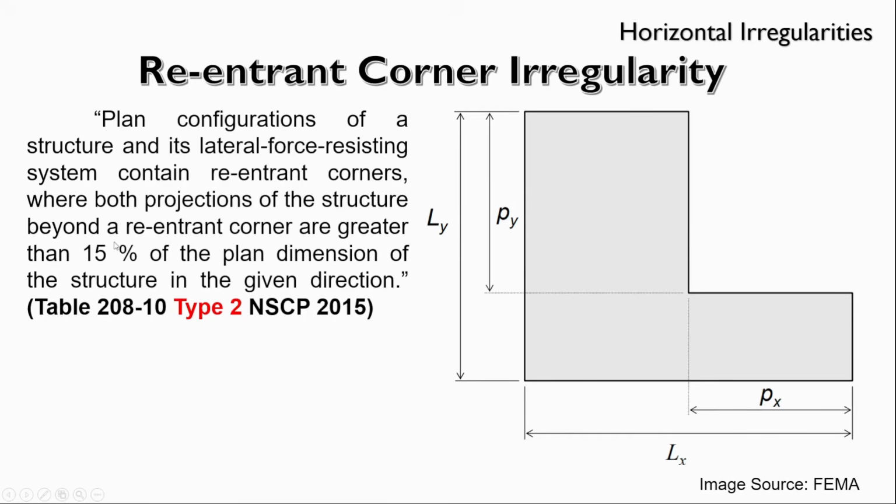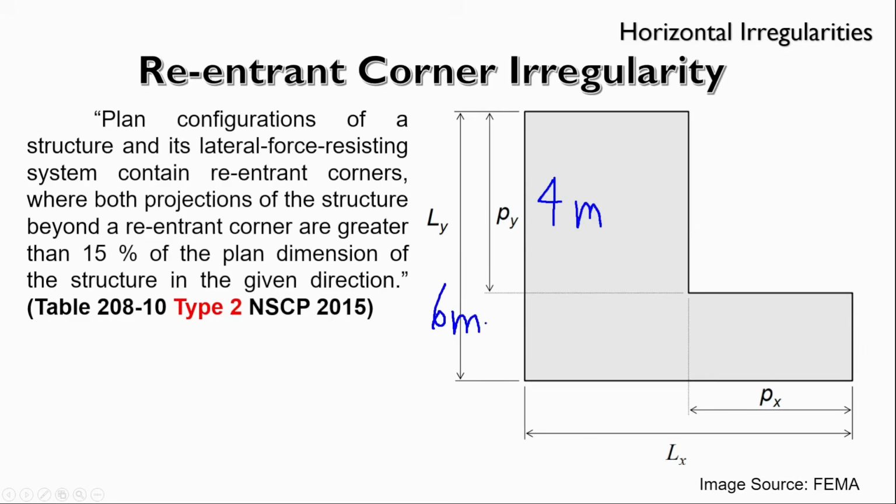So if it's greater than 15%, what is 15% of this one? Suppose this one is 20. It's so big, no? Suppose this is 4 meters, and this one is just 6 meters.